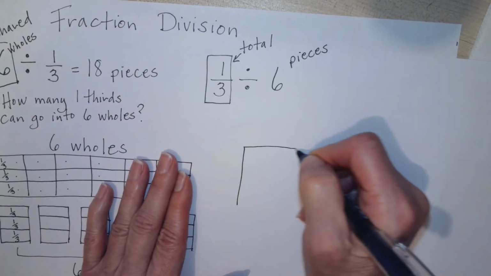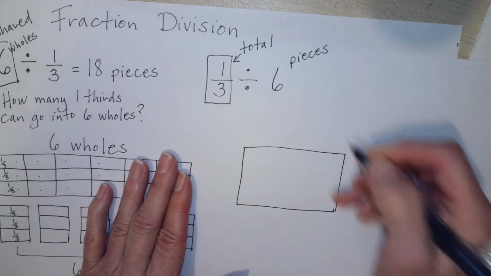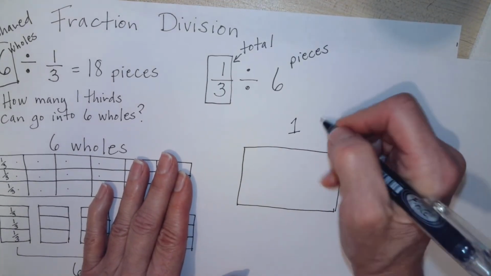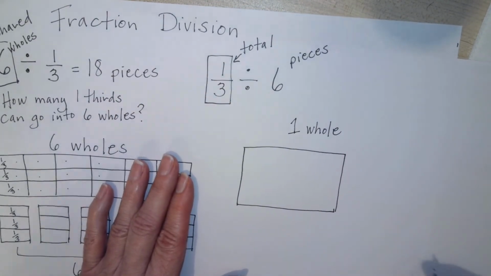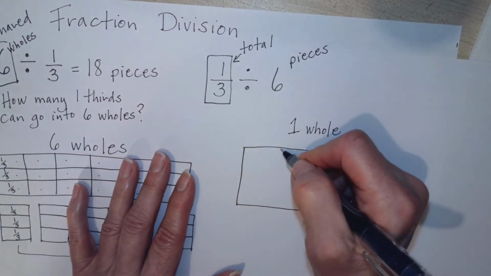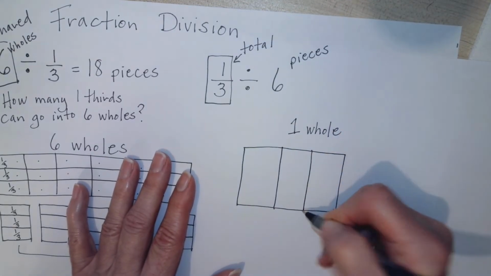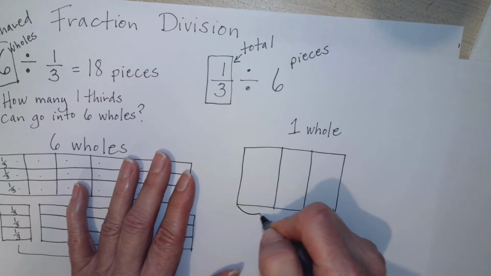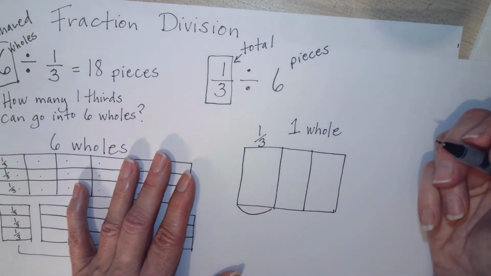Now let me show you what you do if you take apart a third. I have to first start by drawing a whole. Okay, so this is one whole, and I want to show you 1/3. This is what we are looking at. This is 1/3 of the whole.